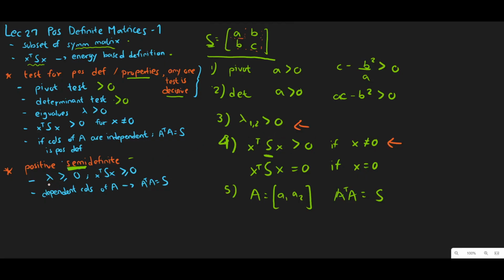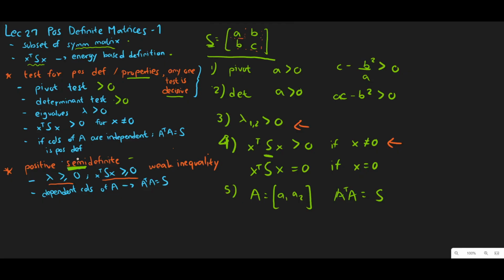But you see, there is a weak inequality there, allowing you to have an eigenvalue of 0 as well, and the energy-based expression to be 0 as well. So when you have a matrix S where one of the eigenvalues is 0, or you test it for energy and it gives 0, then you know your matrix is semi-definite. It's not exactly positive definite, it is semi-definite.